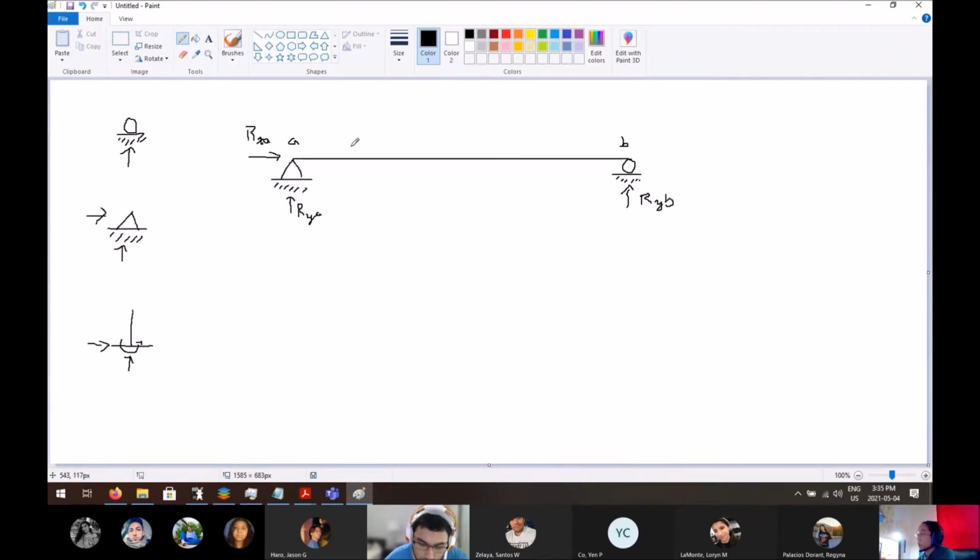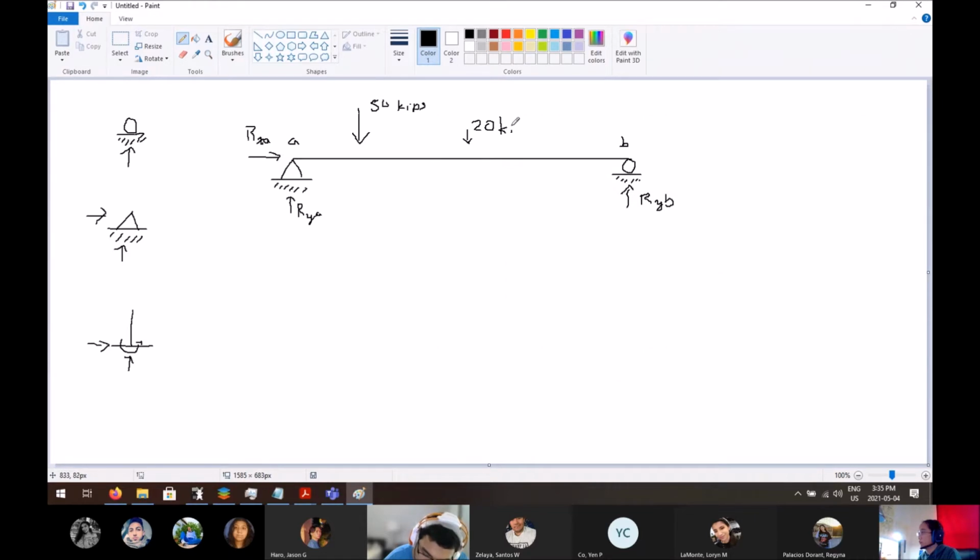Now, let's put a load on it. Put two loads. Right here is 50 kips, and let's put another one over here, like 20 kips.